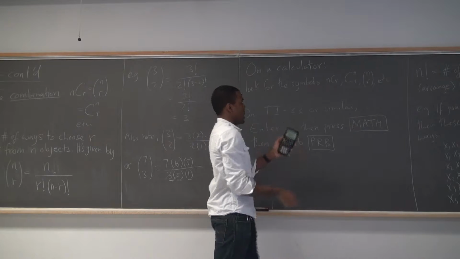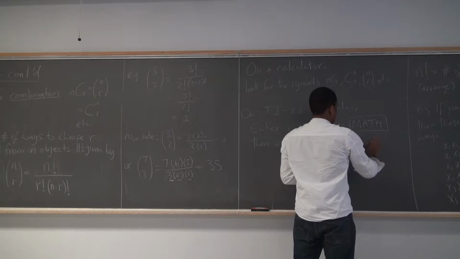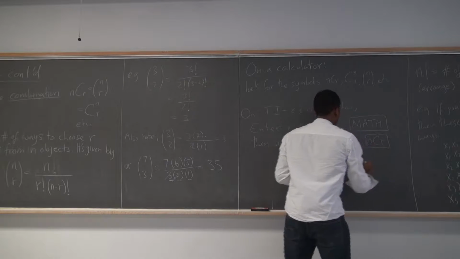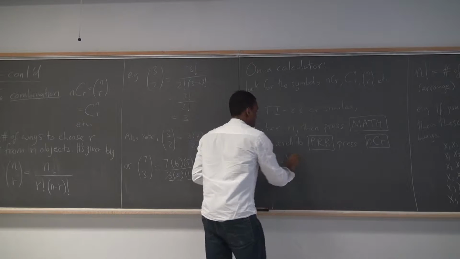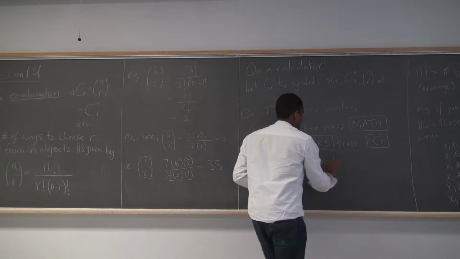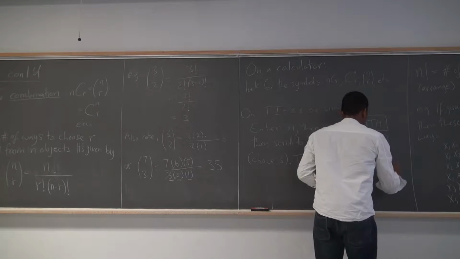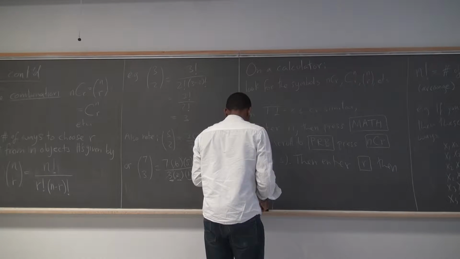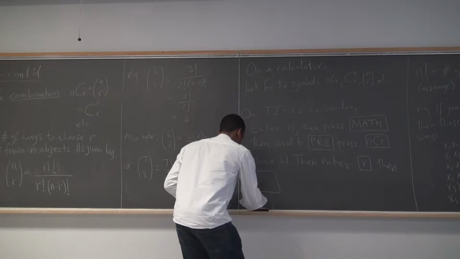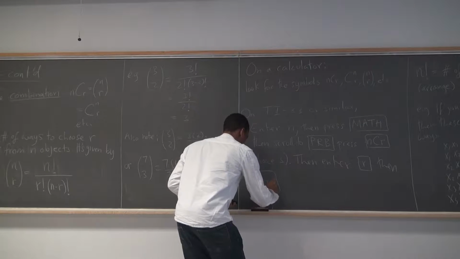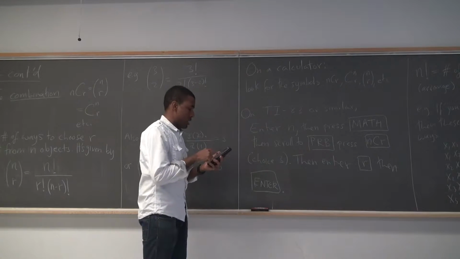You literally just punch that in, press NCR, which is choice 3. Then enter the integer R, then enter. So different calculators will have different things, but that's sort of how you do it on a TI-83.